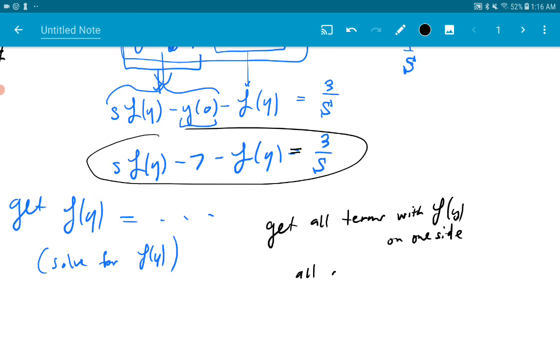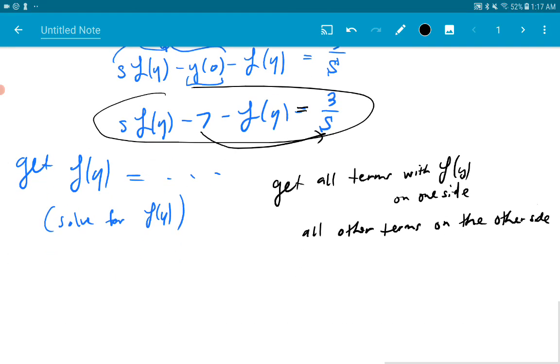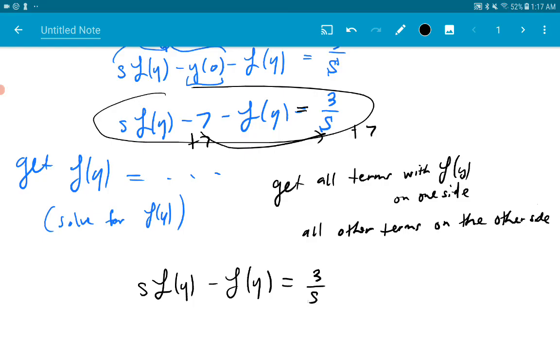And all other terms that don't have an L of y in them on the other side. So for example, I want to bring that 7 to the right side by adding it. So if I do that, I think you'll agree I get s L of y minus L of y equals 3 over s plus 7.